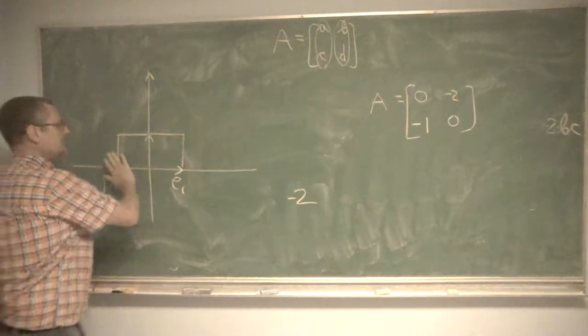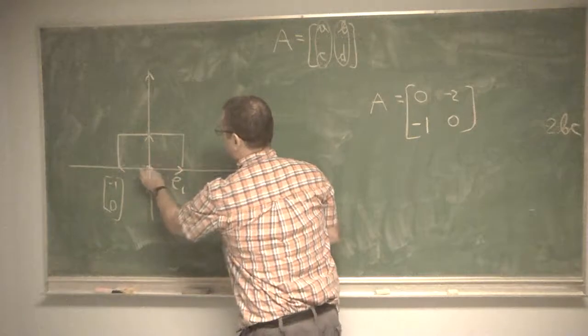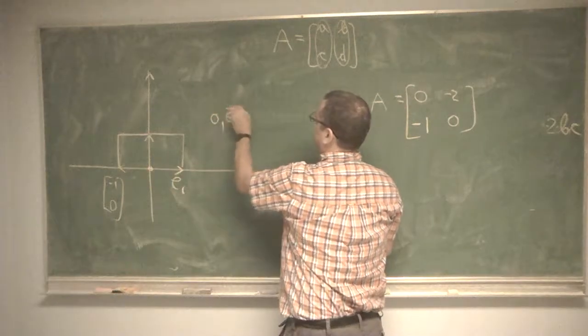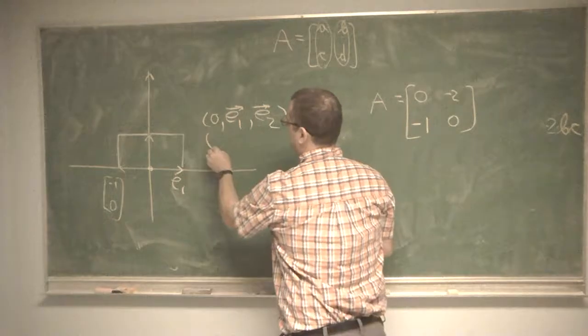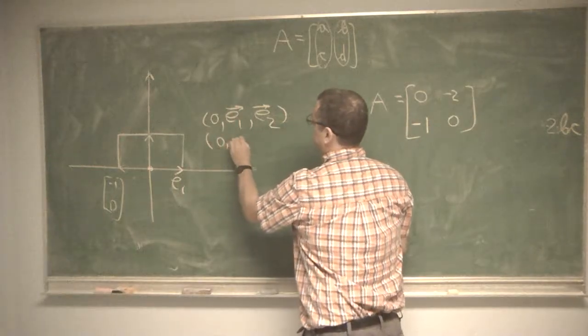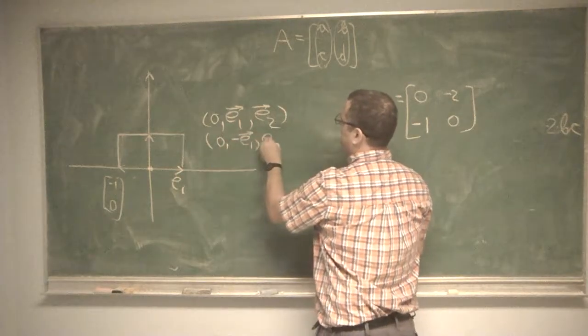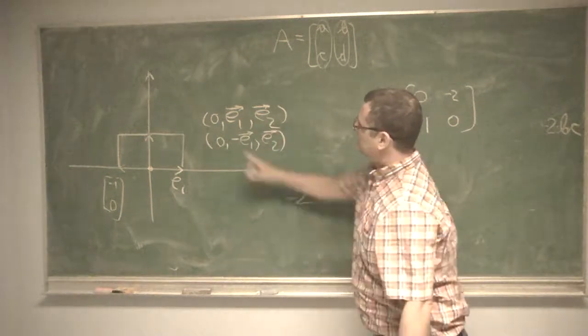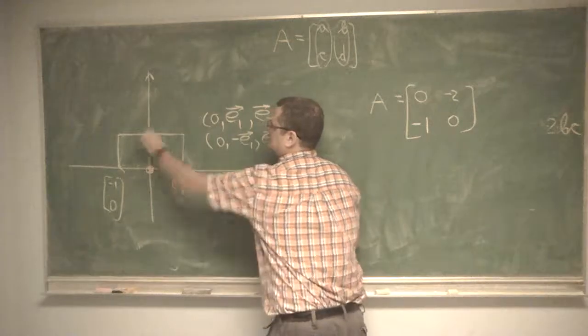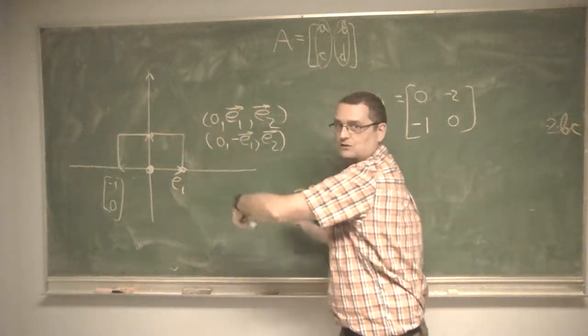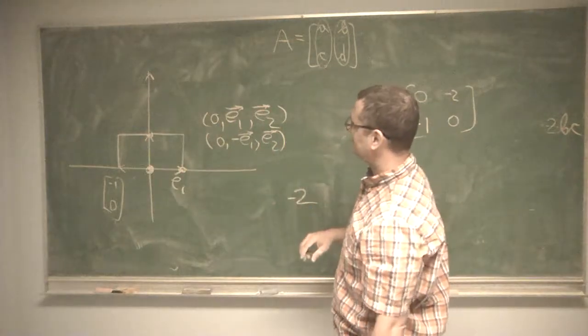And you know immediately, so you have 0, E1, E2, that's counterclockwise, so-called positive orientation.